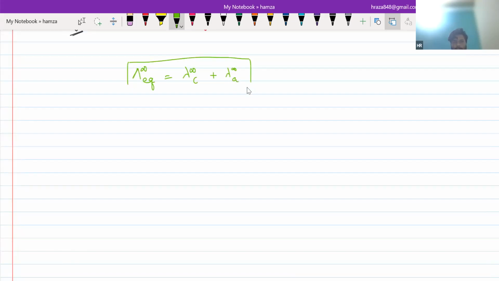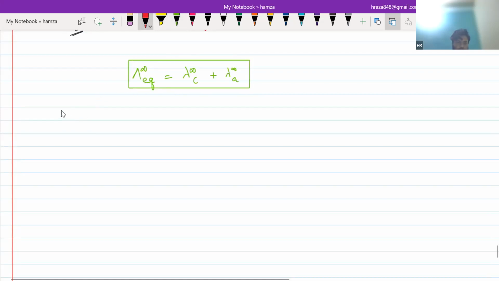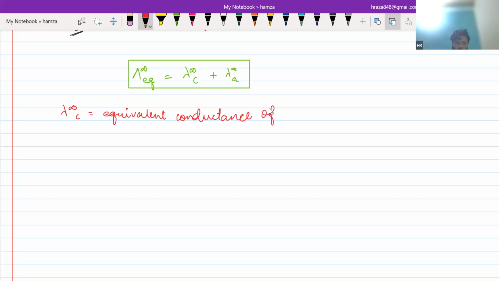Okay, so here I'm going to say, lambda infinity of the cation is the equivalent conductance of cation at infinite dilution.